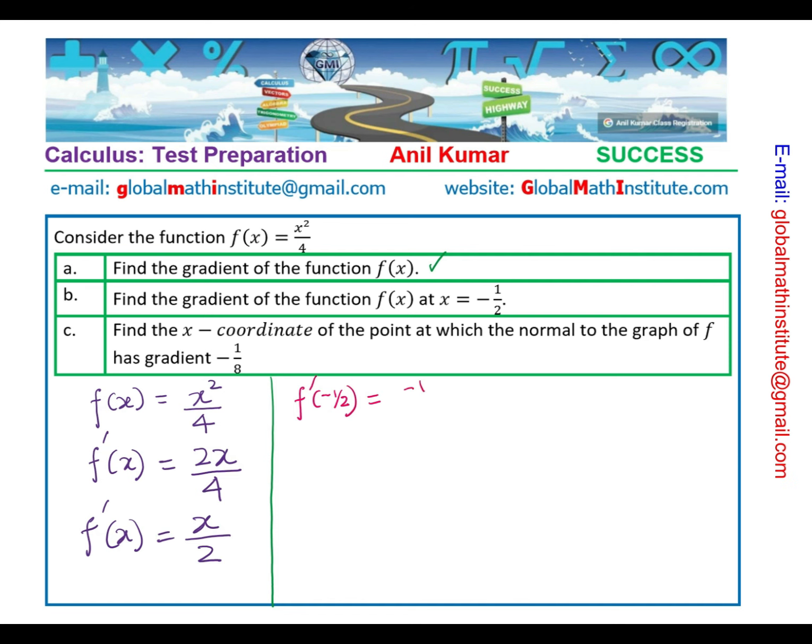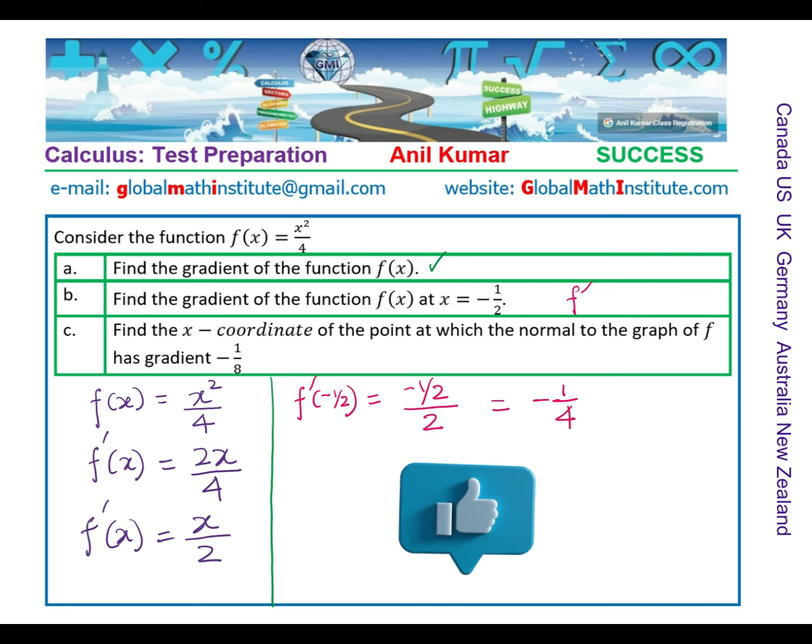So we get minus half over 2, and that is equal to minus 1 by 4. So the gradient of the function f of x at x equals minus half is minus 1 by 4.